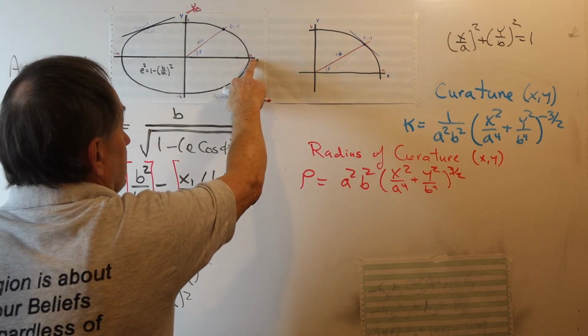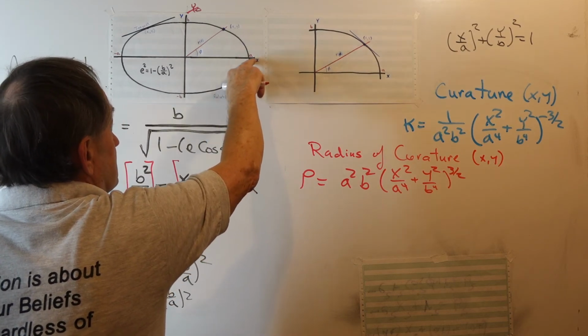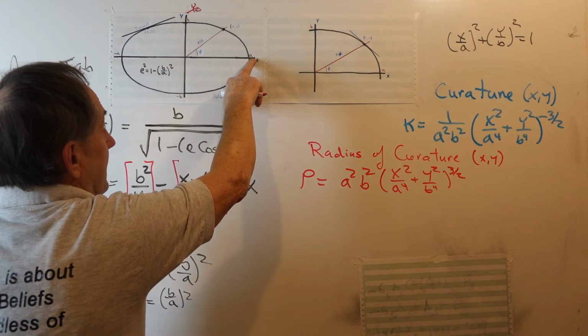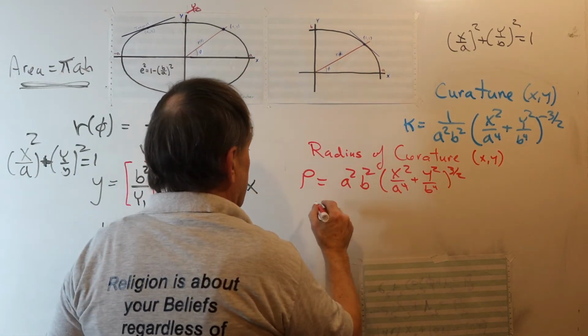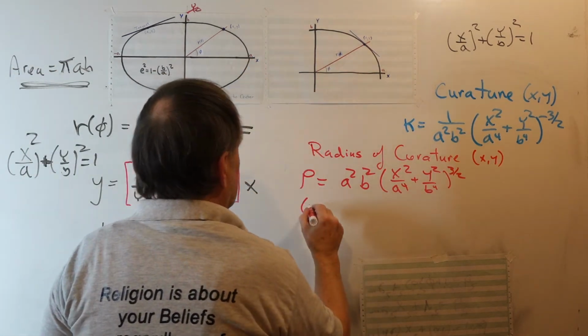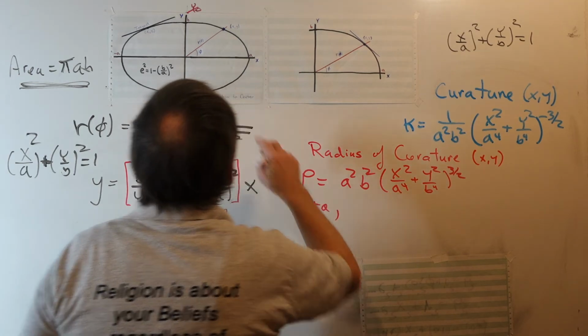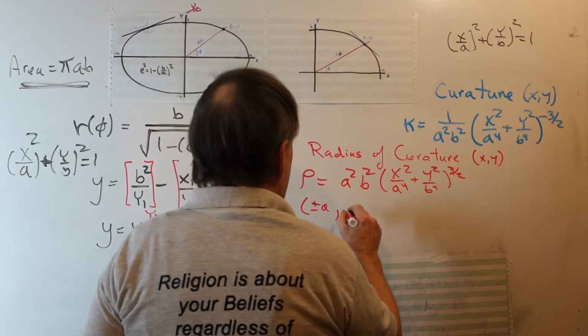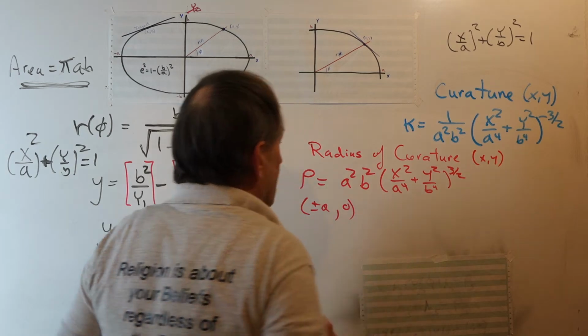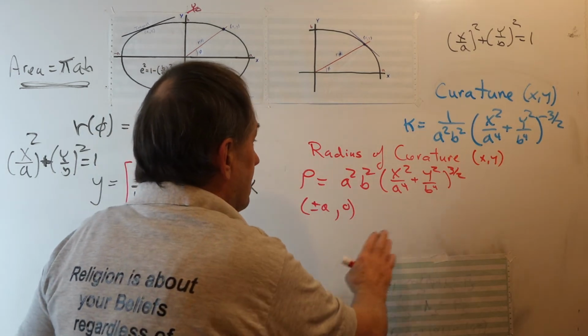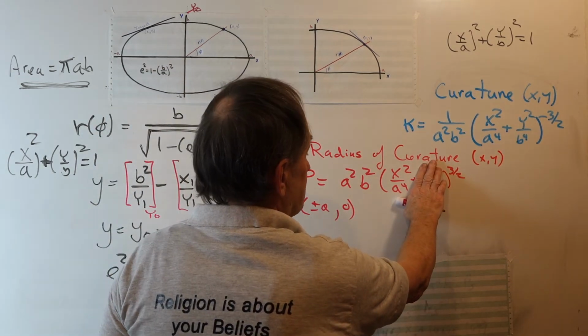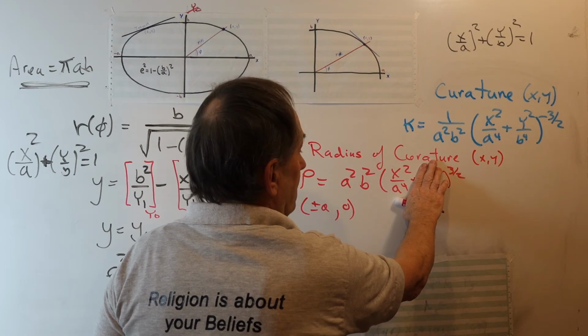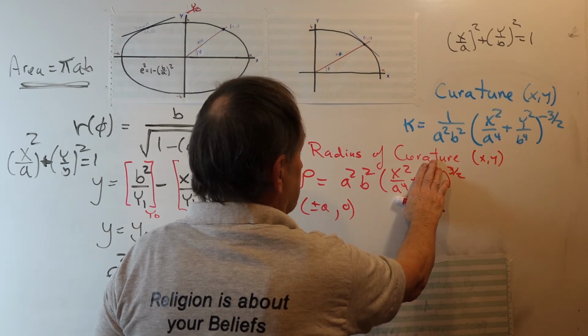The vertex along the semi-major axis is here at a, which would be the equator. This is at point x is plus or minus a. We could be here or here, and y is 0. So in this equation, when y is 0, this disappears, and we have x squared over a to the 4th to the 3/2 power.